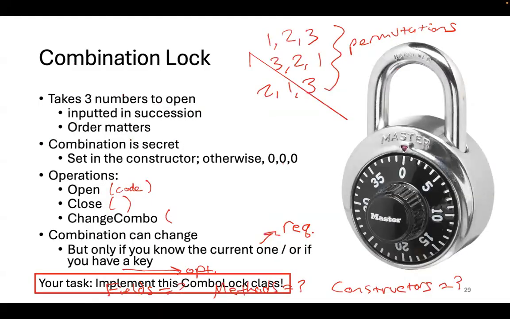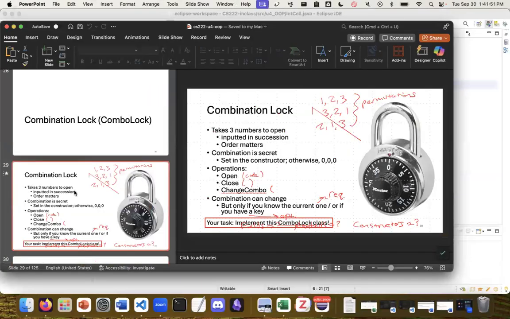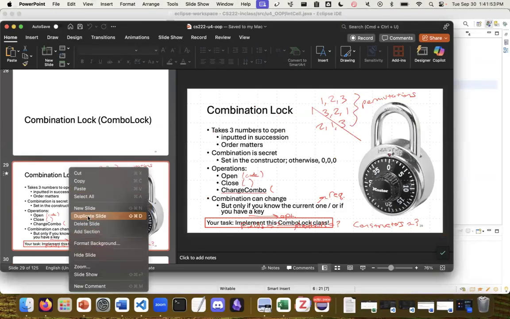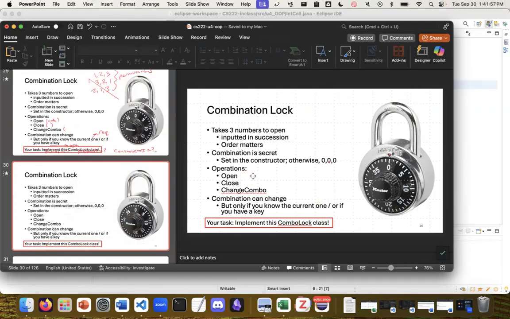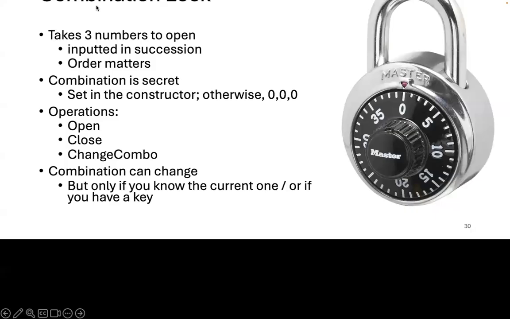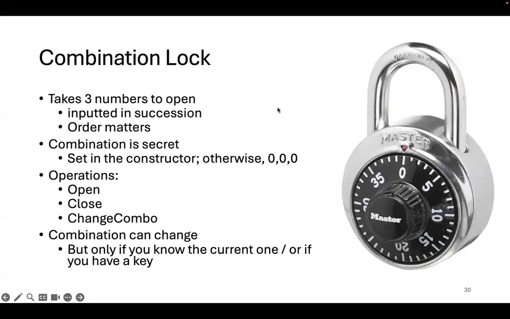So what I want you to do is let me duplicate this, and I will take away my scratchy notes. And so I think I'm going to put you in the groups for your labs for the next lab.